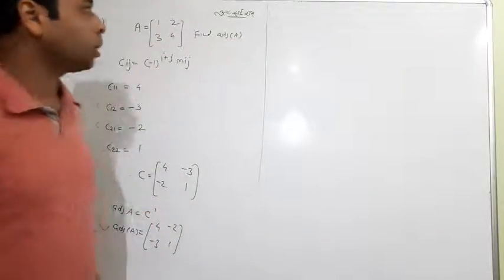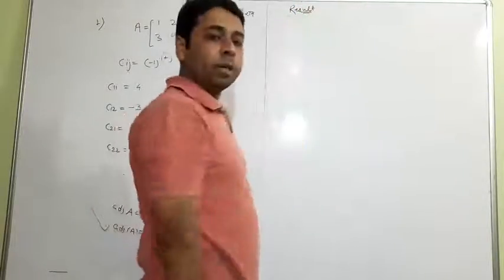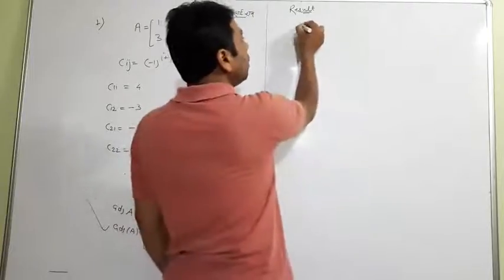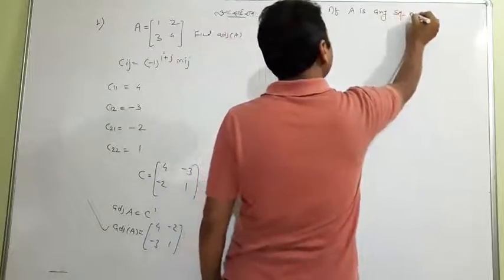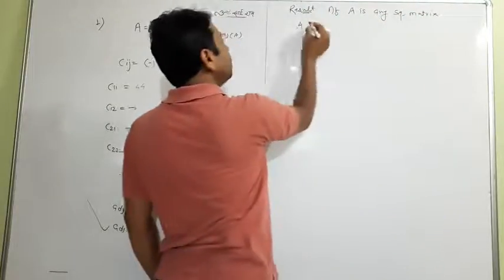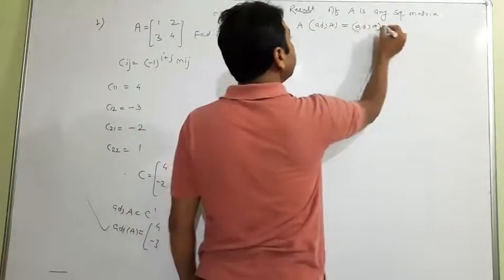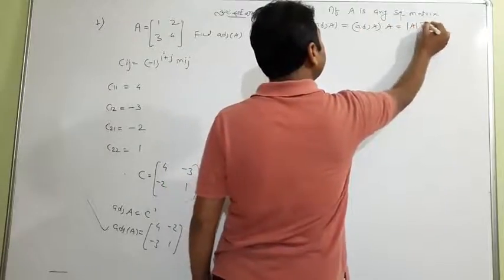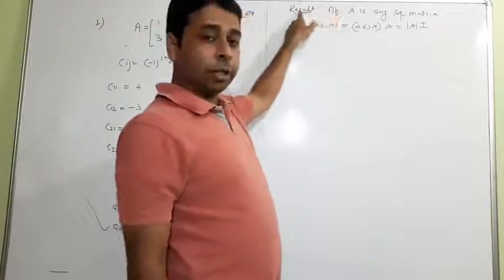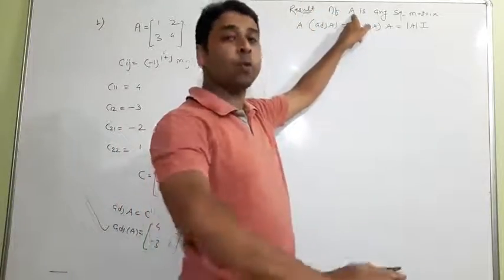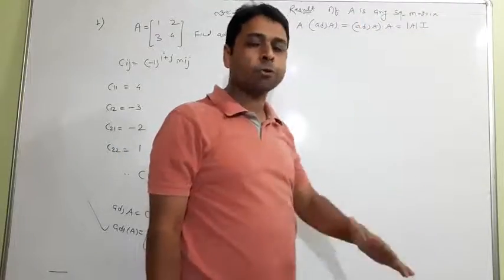I am telling you a standard result: if A is any square matrix, then A into adjoint A is equal to adjoint A into A is equal to determinant A into I. You can see on the board that this is a standard result, meaning for every square matrix like A, it is always true.